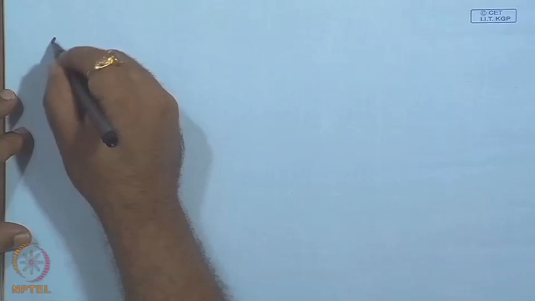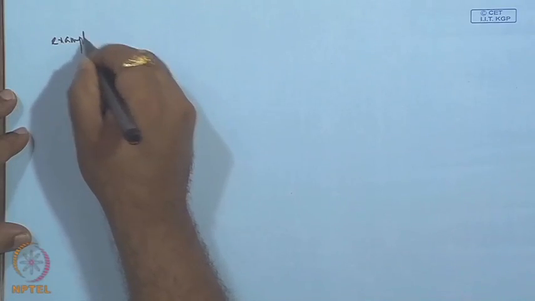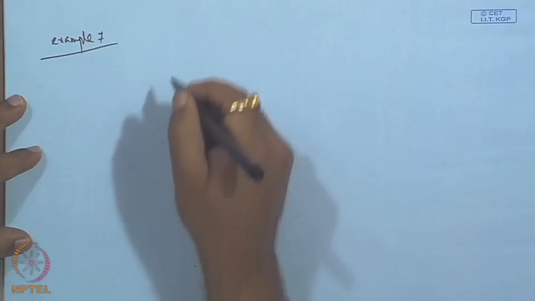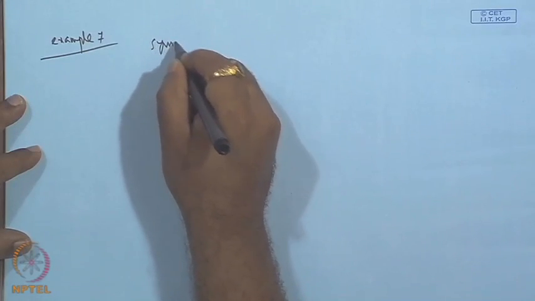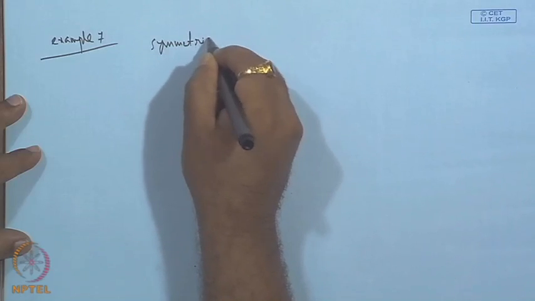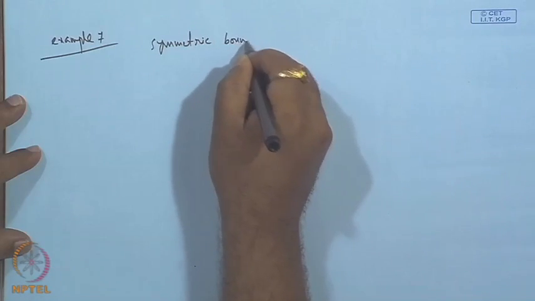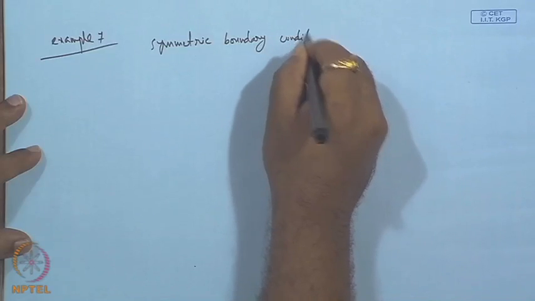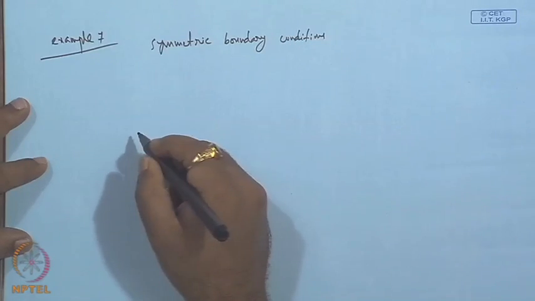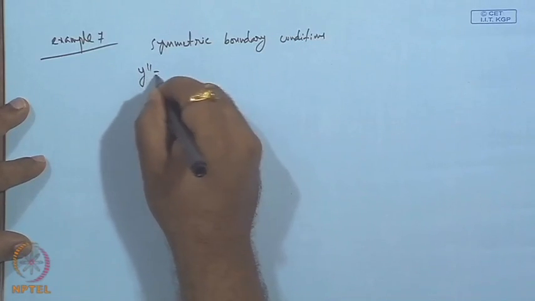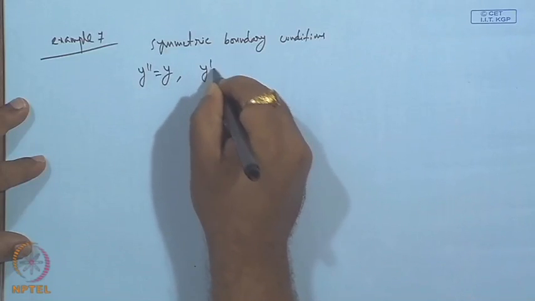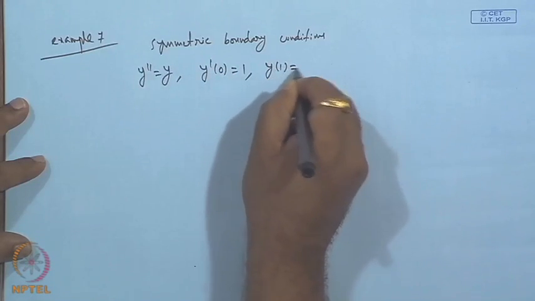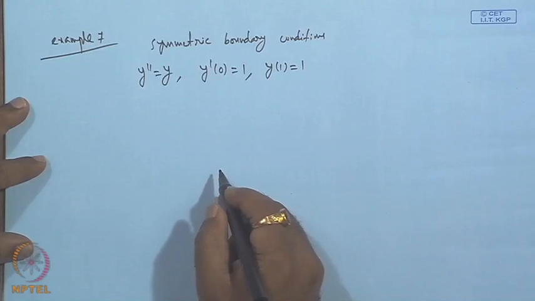So, now I guess example 7. Let us talk about symmetric boundary conditions. Suppose we have the following problem, y dash of 0 is 1. Okay.